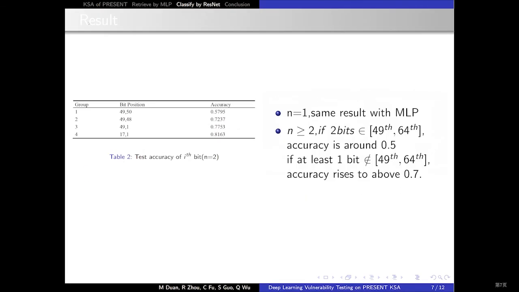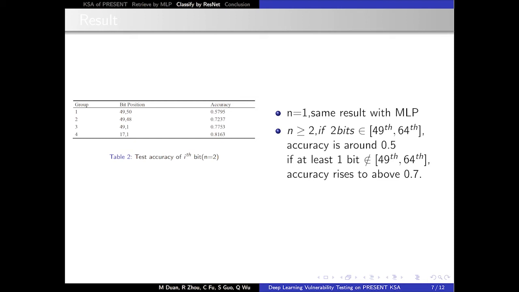When we let n be 1, we found that the result is the same as the first experiment using MLP, for example, group 1 from the table. Those dropped-out bits are still hardly classified. And let n be 2.